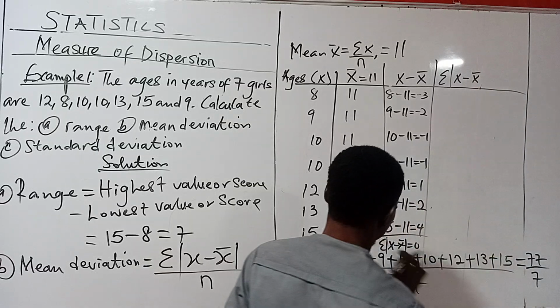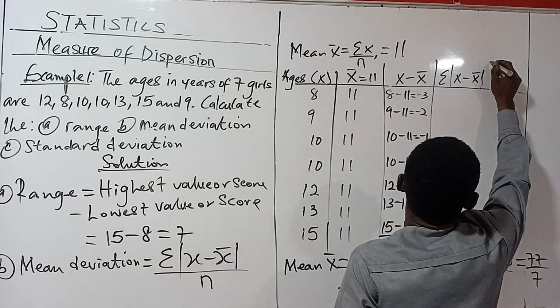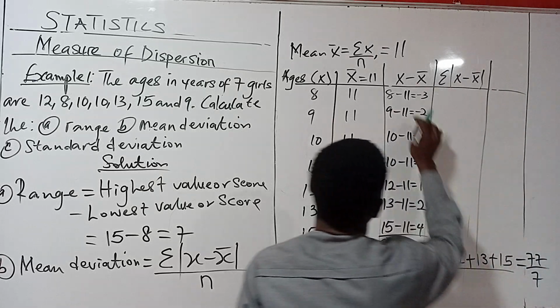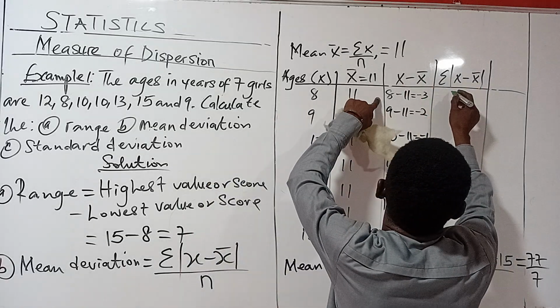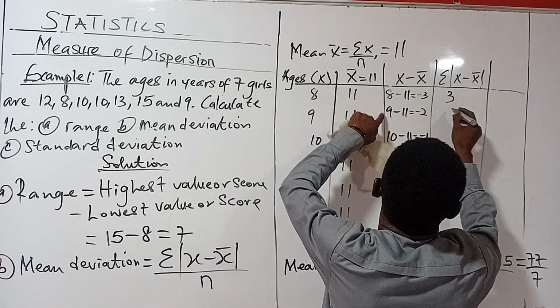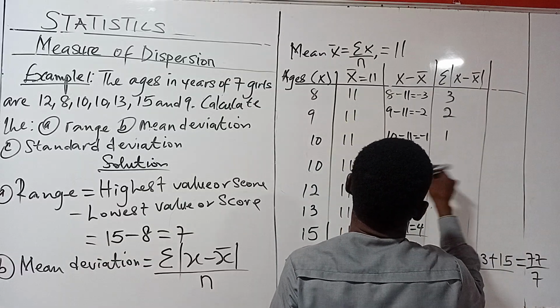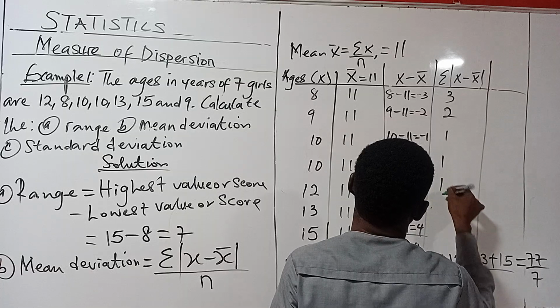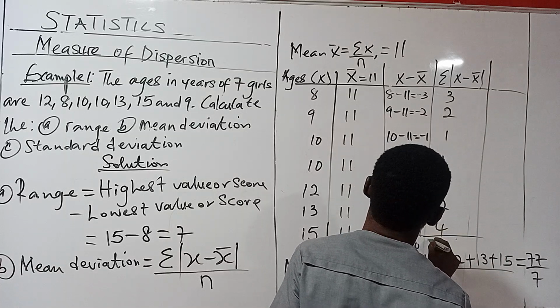So when you sum everything together, you get 0. Now look at the absolute value of this one, the summation of this. So this one is going to be 3, going to be 2, going to be what? 1, 1, 1, 2, 4. So let's add everything together.